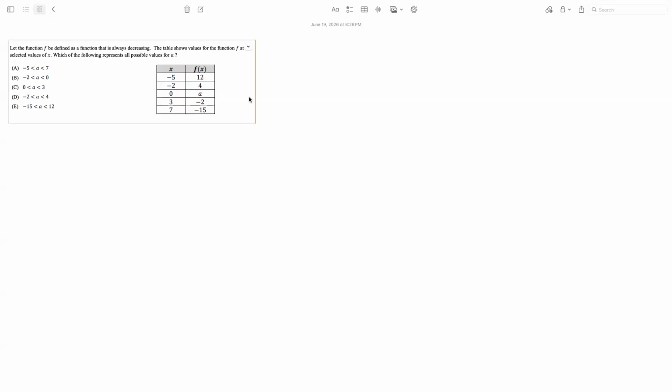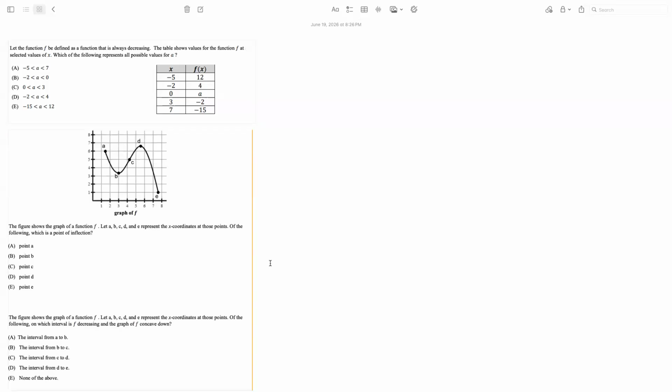You can use the same graph for 2 and 3. Just tell me question 1, 2, 3.